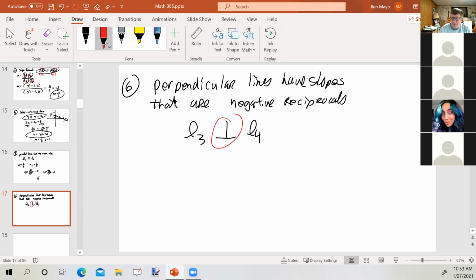That's the symbol for perpendicular. They meet at a right angle, okay? If the slope of line 3 is, let's say, 2/5, the slope of line 4 would be -5/2. So if 2 lines are perpendicular, their slopes are negative reciprocals. Likewise, if 2 lines have slopes that are negative reciprocals, the graphs would be perpendicular. 6 down and 4 to go. All right.